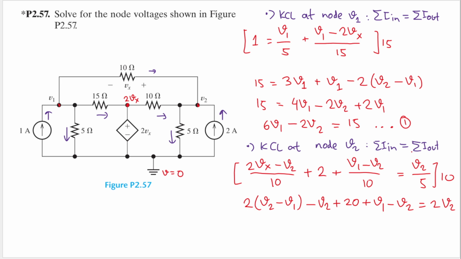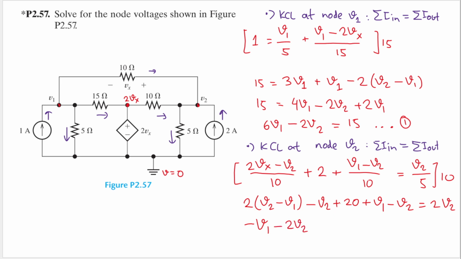Now let's separate V1 and V2. I will have minus 2V1 from here, minus 2V1 plus V1, that will be minus V1. For V2, I will have 2V2 minus V2, which becomes V2, and then V2 minus V2 becomes 0, and then 0 minus 2V2, so I will have minus 2V2.